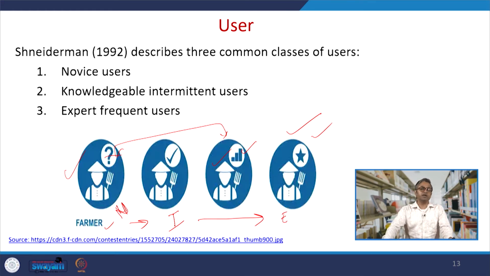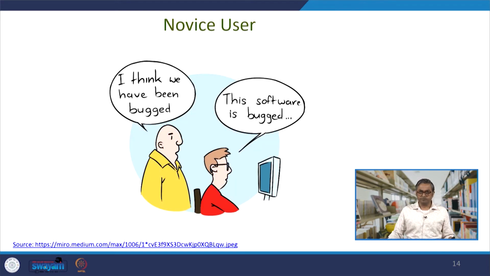Now this classification of users, what we are seeing on the screen, is there not only in the discipline of farming, but also in the discipline of aviation, in the discipline of naval, in the discipline of army, in any common workplace setting. Anybody who is coming or joining the organization for the first time is a novice user.